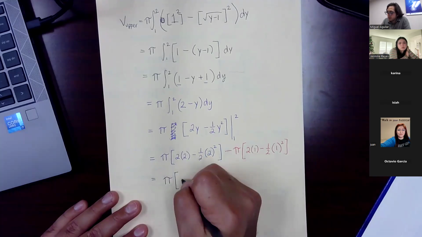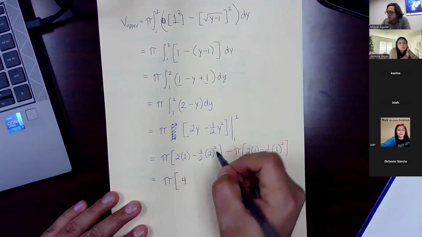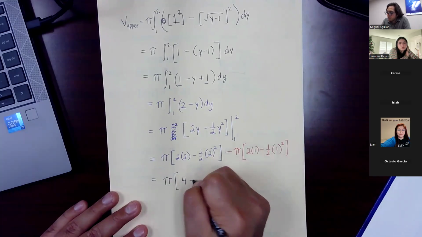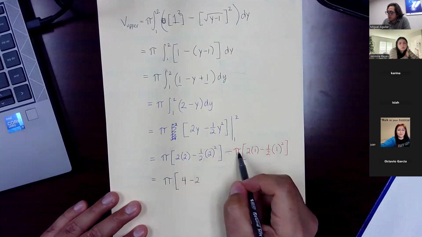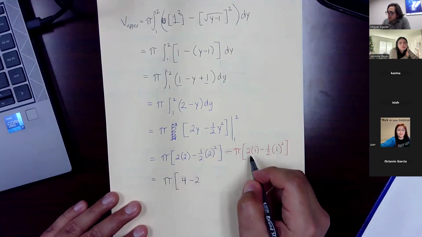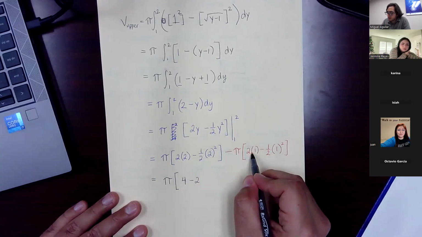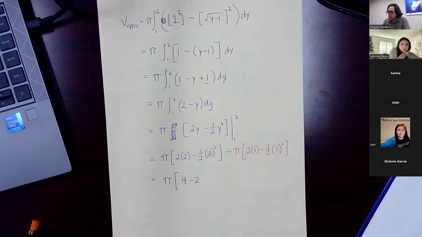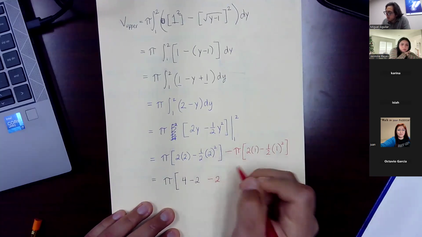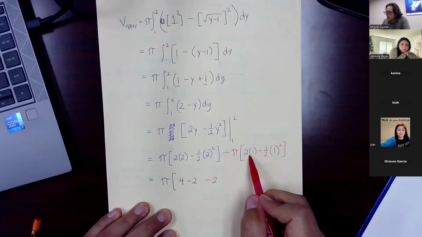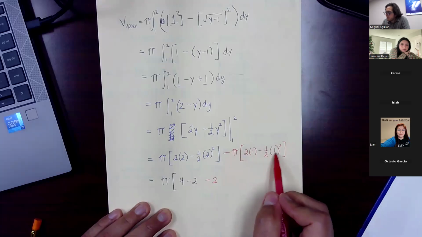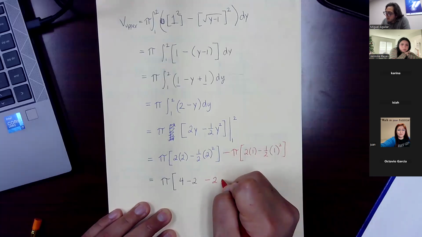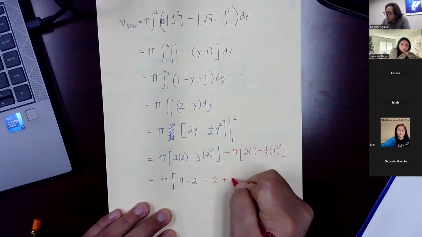Okay, this is going to become 4. That's going to be 4 times 1/2, so that's 4 minus 2. We factored out the pi, so this is going to be a minus 2 here, because I'm distributing that negative sign. Minus 2. And then this is going to be a plus 1/2.